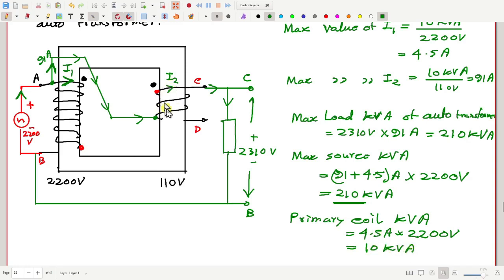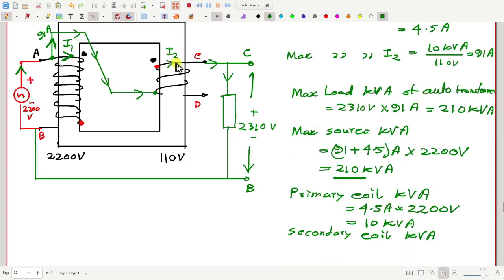Similarly, if you look at the secondary coil, how much kVA is handled by this secondary coil? The voltage across this is 110 volt, and the current through this coil is 91. So this is again only 10 kVA. So the coils are handling only 10 kVA, but still we are able to get 210 kVA transformed from source to load.